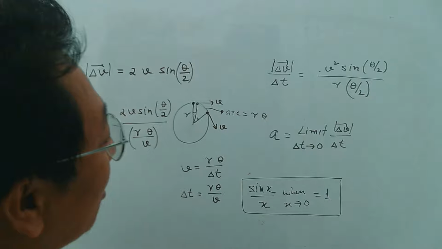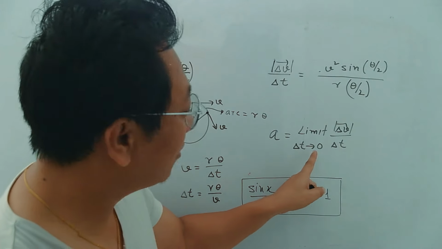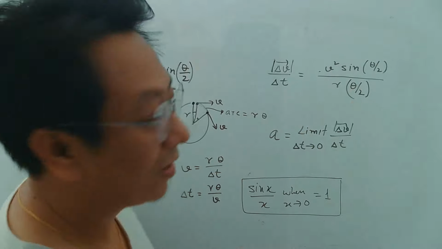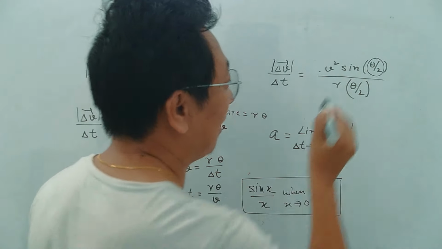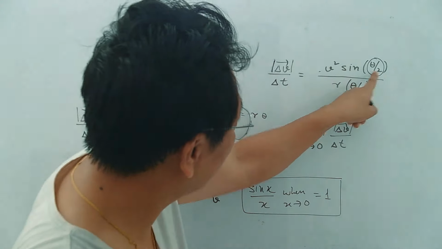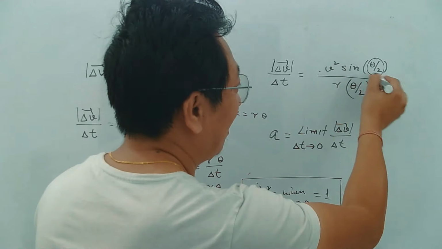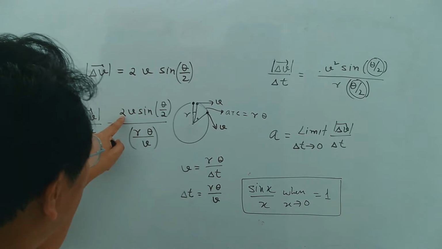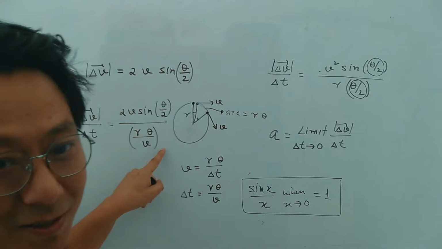So therefore, when your time interval becomes very small, this angle becomes very small, and think of theta by 2 as x, then sine x by x, that's why it was important for me to bring these two downstairs. Okay, so sine x by x will be what?